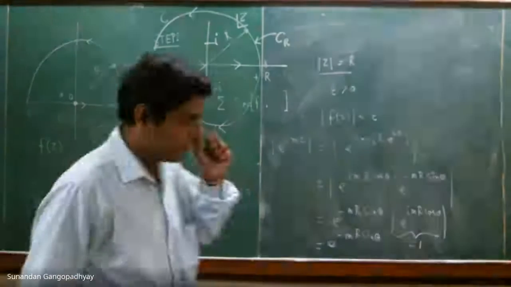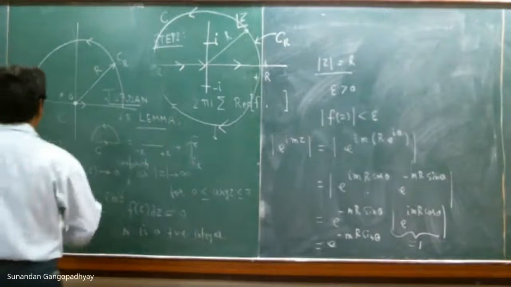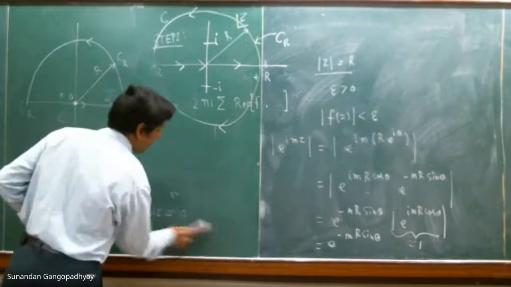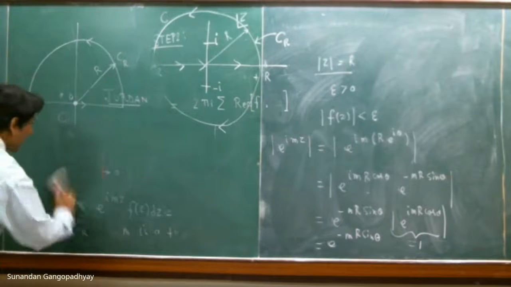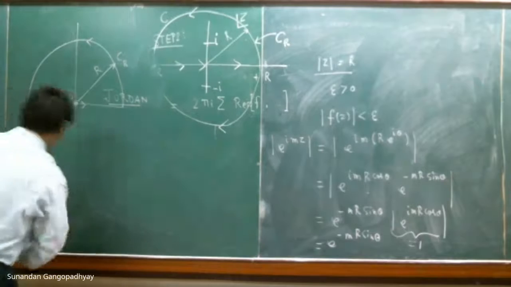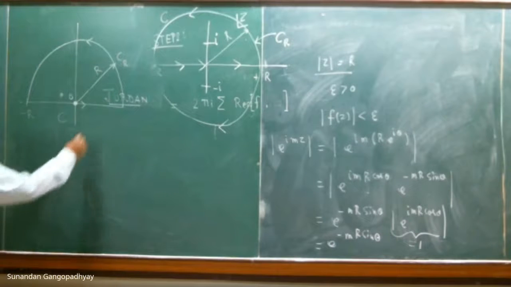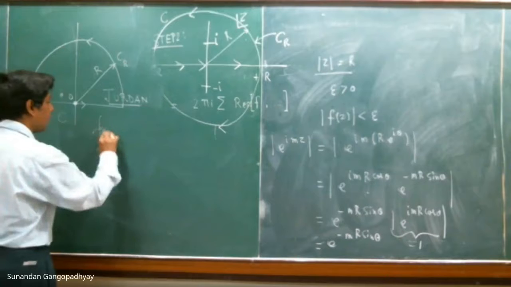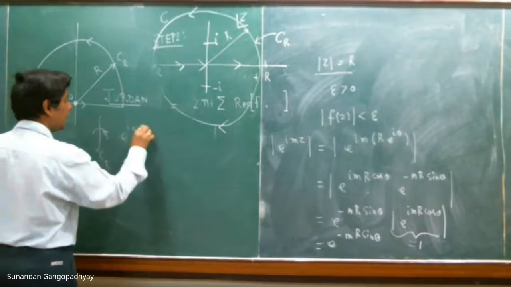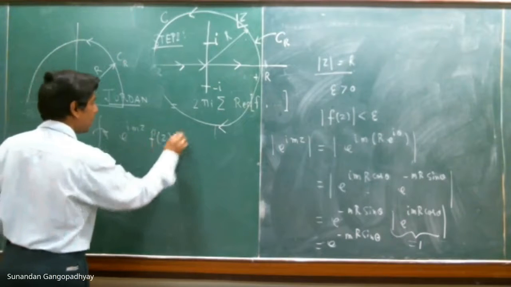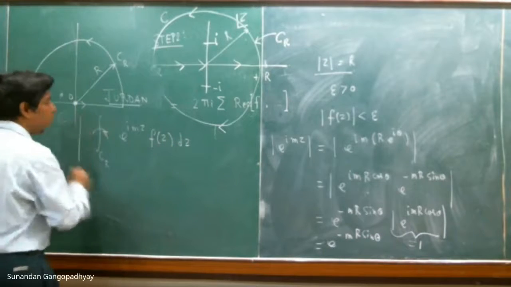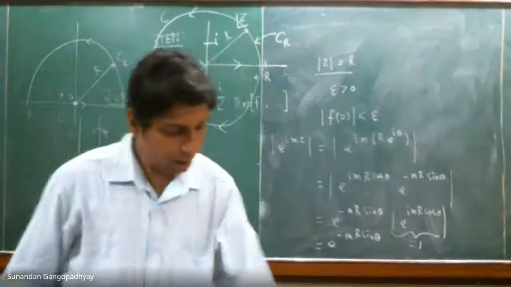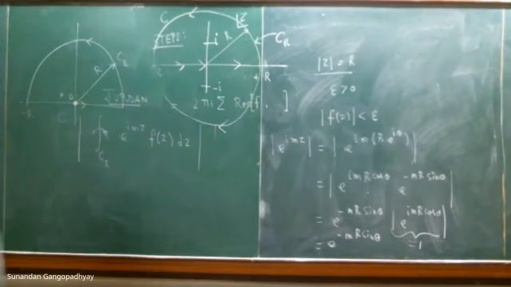Now let us look at this integral over C_R of e to the power of i m z times f of z dz, and take the modulus of that.